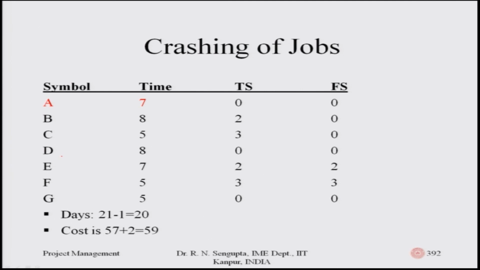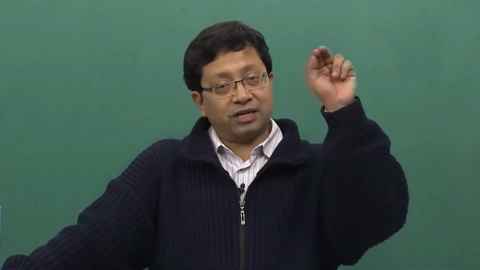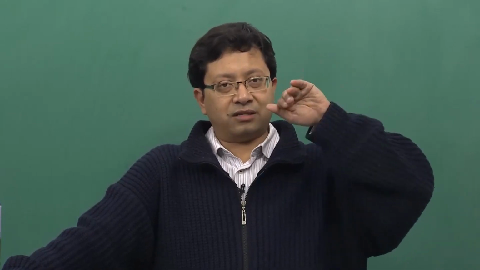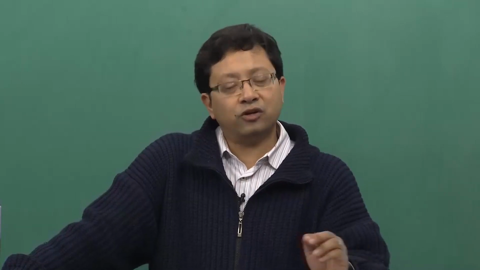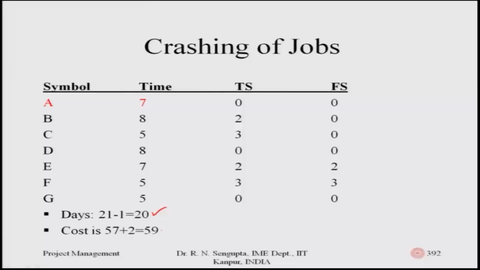So, as rightly pointed out, 21 decreases by 1 unit to 20. Now, on the other end we will also see what effect it has on the cost. Cost had increased from 55 plus 2, that makes it 57. Now, 57 will again increase by 2 units, because this is a linear cost with marginal rates, as I had mentioned. So, now it will increase from 57 to 59 as pointed out in this table.